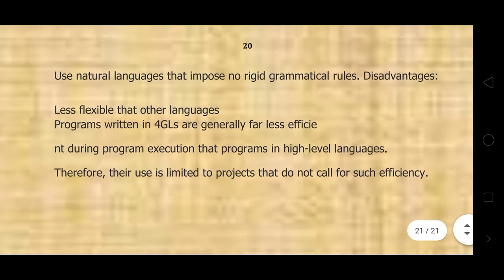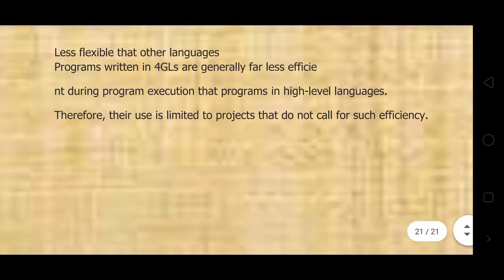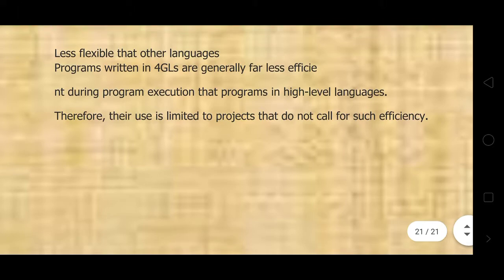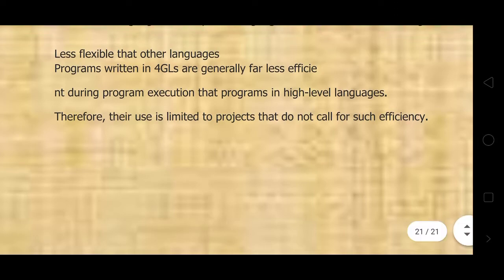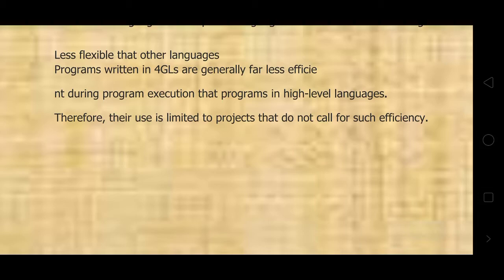Then the disadvantages of the fourth generation language: less flexible than other languages. Programs written in fourth generation languages are generally far less efficient during program execution than programs in high-level languages.